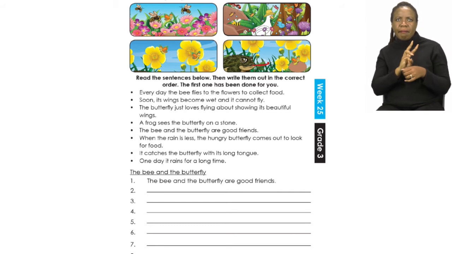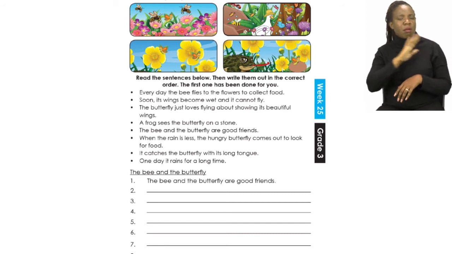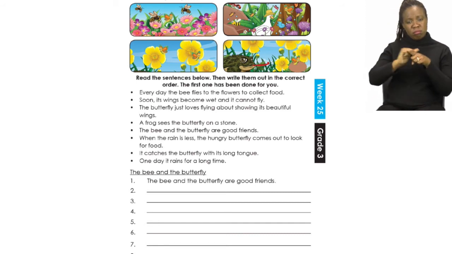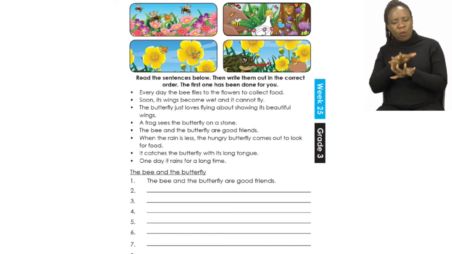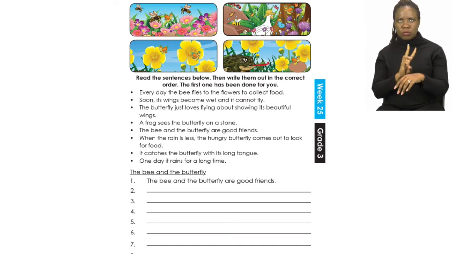This one, boys and girls, I'm going to leave you to do by yourselves because I want you to practice your reading and take your time. Don't just write any sentences. Remember, there is an order that you have to follow. That order is there in the sentences that you can see.